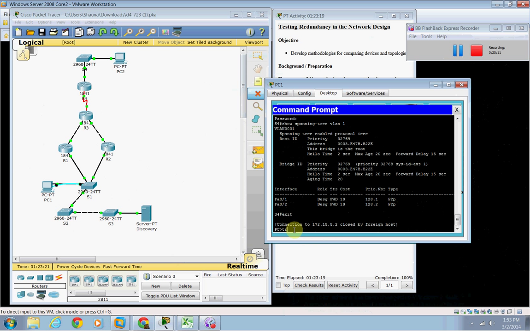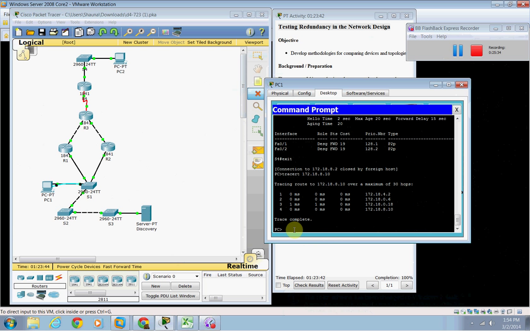So now we're going to do a tracert command from PC1 to PC2. PC2's IP address is 172.18.8.10. So it went to router 1, to router 3.